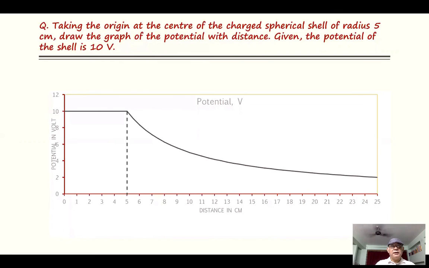We can see that up to a distance of 5 centimeter from the center of the shell, the potential is constant, equal to 10 volts. Beyond 5 centimeter, potential falls as per the variation 1 by r, where r is the distance from the center of the spherical shell.